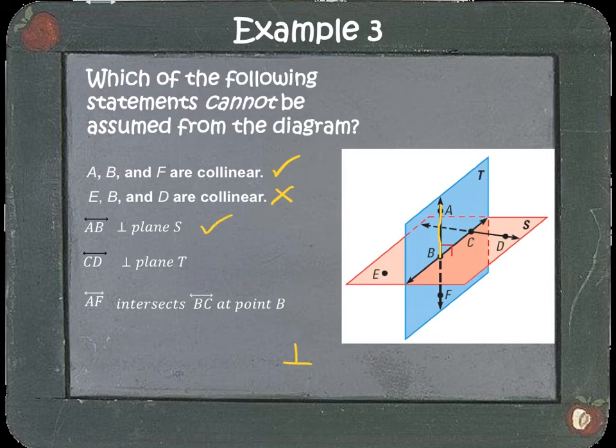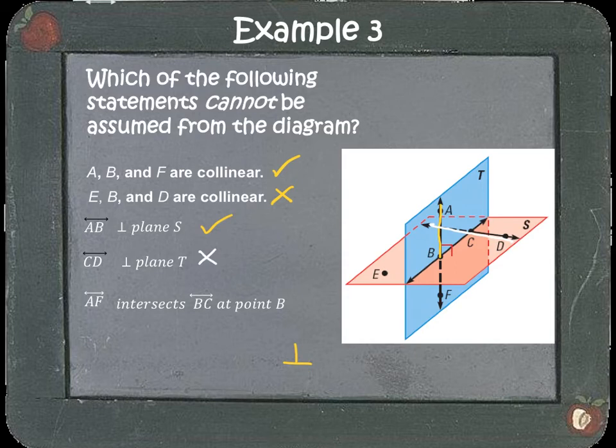And then CD, let's go find that one. So CD is over here, and it says it is perpendicular to plane T. So let's see, can we assume that? No, we can't. There is no right angle.